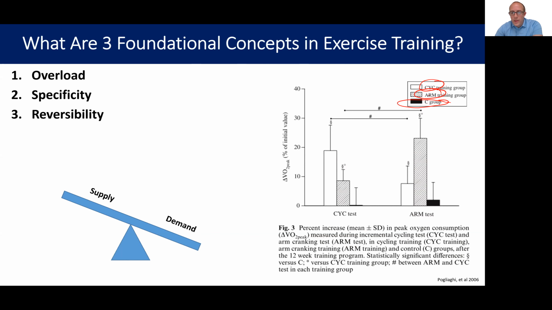The control group, they measured their VO2 max during cycling exercise and during arm cycling exercise. And this is the change. The little triangle in science, when you see a triangle, it's a delta symbol. It means change.